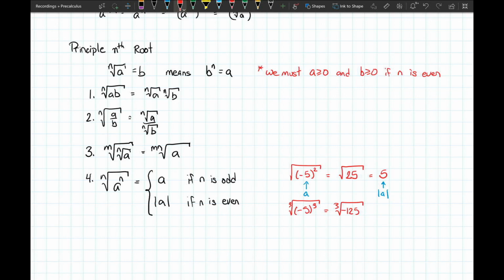We're looking for the only number out there that when I cube it, it equals -125. That equals -5. And in this case, taking a, cubing it, and cube rooting it, I get back a. So it's a little bit different depending on even or odd powered roots.